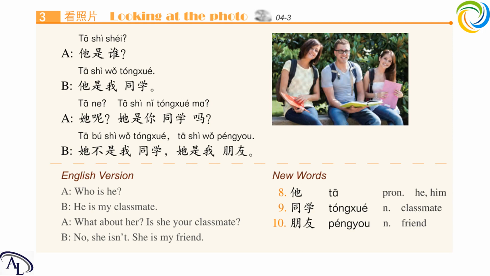Last one, 朋友. Okay, 朋友. It is p-eng y-ou. And you is neutral tone. We need to read it soft and quick. Okay, 朋友. Read after me, please. 朋友. It means friends. And how to say Chinese friend? It is 中国朋友.